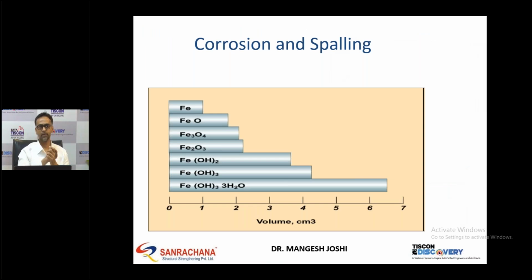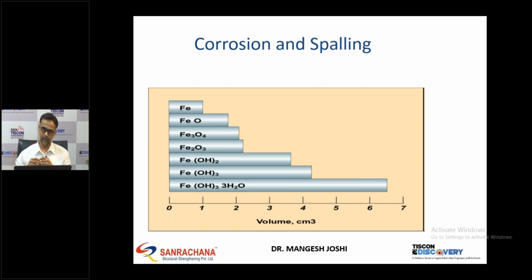Corrosion is an interesting phenomenon and will have consequences. I say that if pure Fe is 1, the volume of corrosion product will be 7. So steel will expand 7 times its original volume. And during this expansion, volumetric strain is generated inside the concrete.